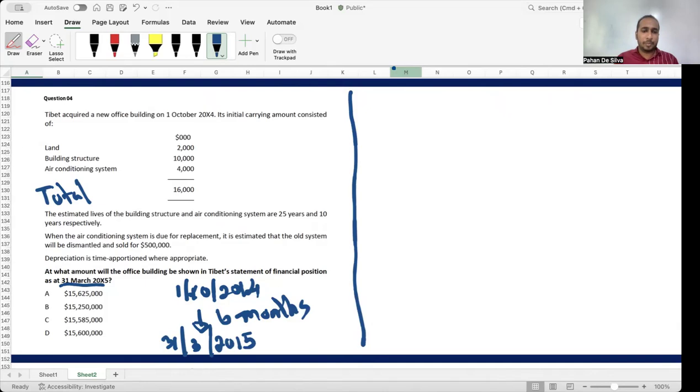Within this total building property, there is the building structure and an air conditioning system, and those two tangible items have different useful lives. Therefore, we have to depreciate them separately.